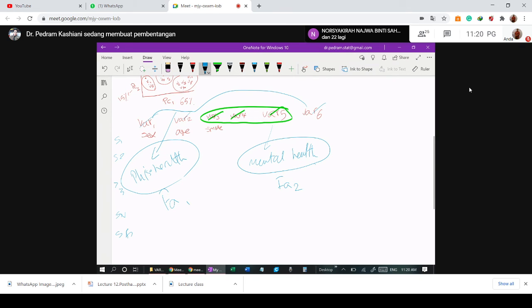Your questions are like this. But when you group them into different factors, you can see that anything related to health comes to, for example, one group. So I call it, for example, mental health. The other ones go to another factor.